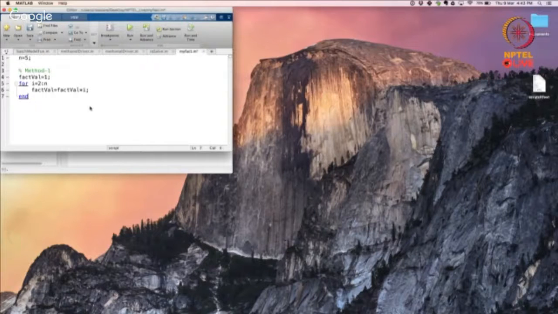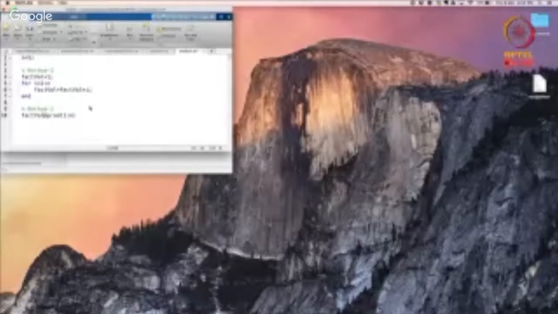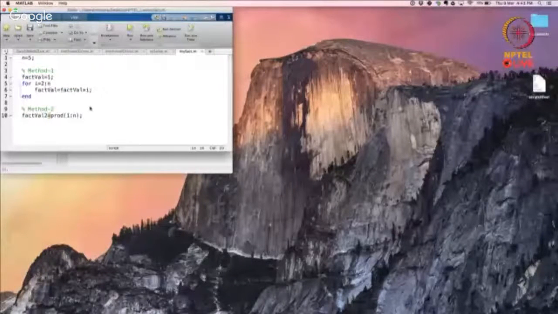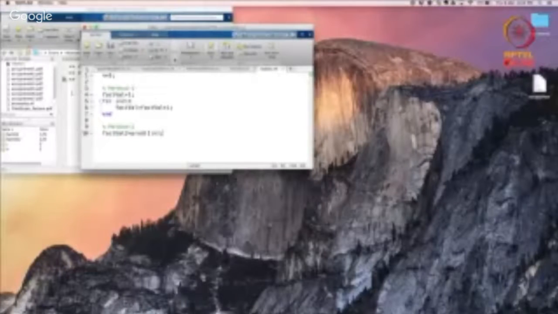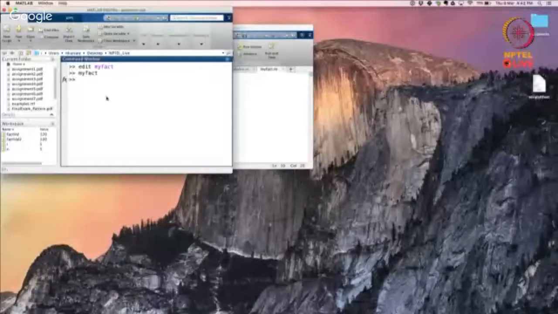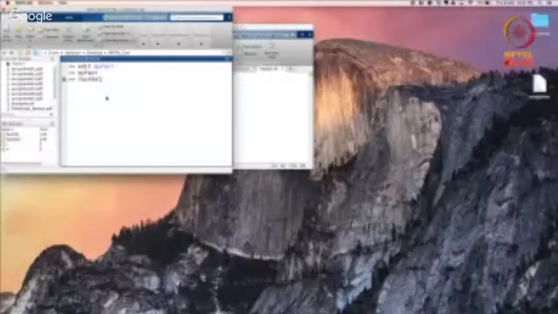Method 2, fact val equal to prod of 1 to n. Actually, I will use this as fact val 2 equal to prod of 1 to n. Okay, you can run this and get the values. You can see fact val is 120, fact val 2 is also equal to 120.